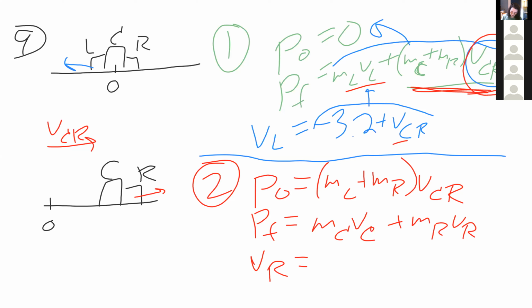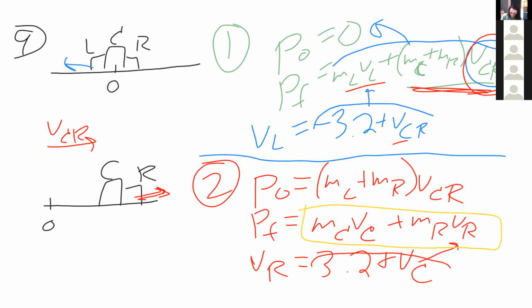So that means that v sub R will be 3.2. Now that is a rightward velocity, so that's a positive 3.2 plus v sub C. Once again, plug this in for v sub R, and then set this whole expression equal to this one. The masses will be given, so that's not too bad. And we will have found v sub CR in the first explosion, and we can plug that in. And then ultimately, you can solve for v sub C that way.